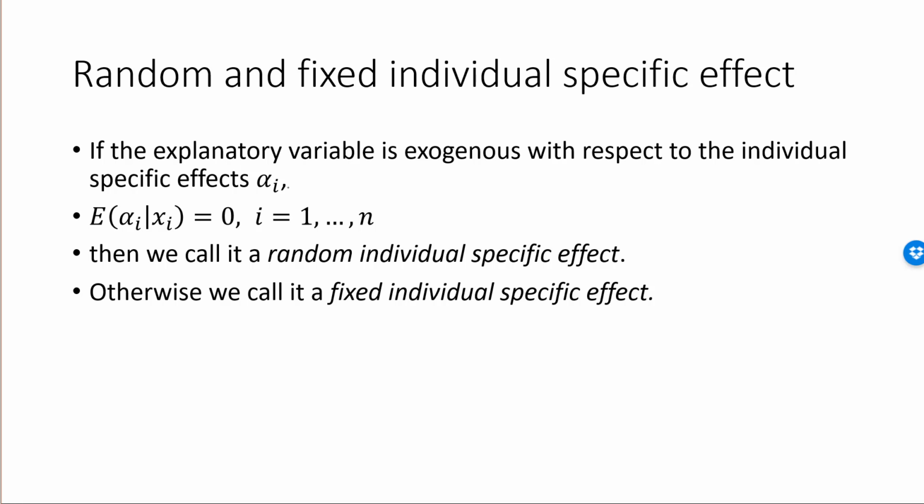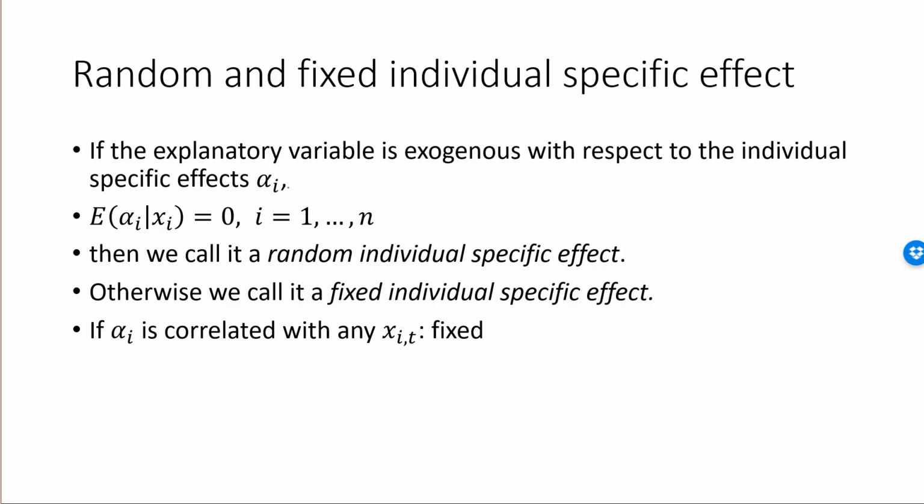We know a couple of things about the conditional expectations. For example, if x_i and alpha_i are correlated, then x cannot be exogenous. So if there is a correlation between alpha_i and x_it for any t, then the exogeneity assumption will fail and the individual specific effect is fixed.